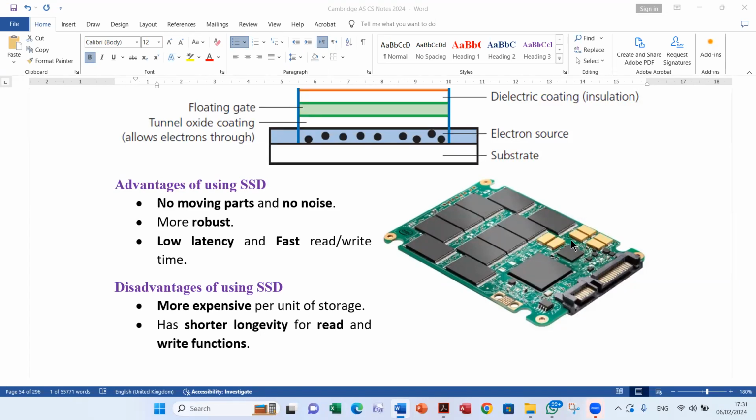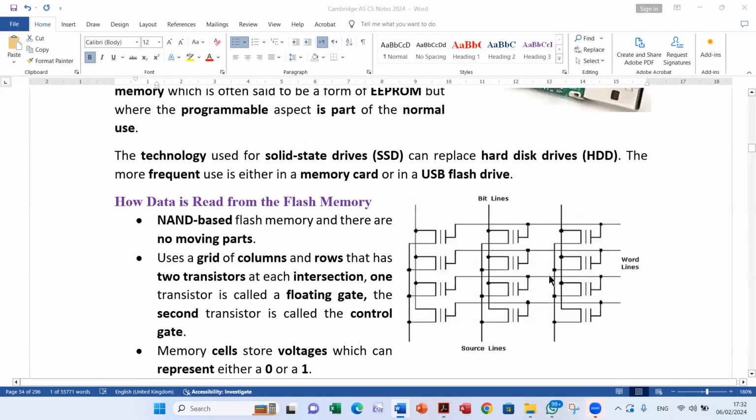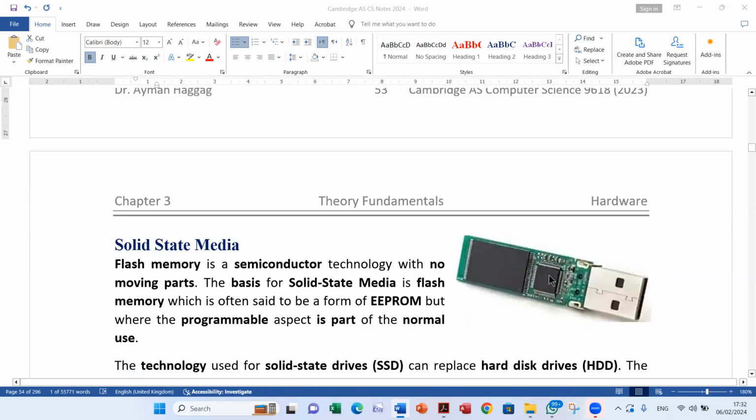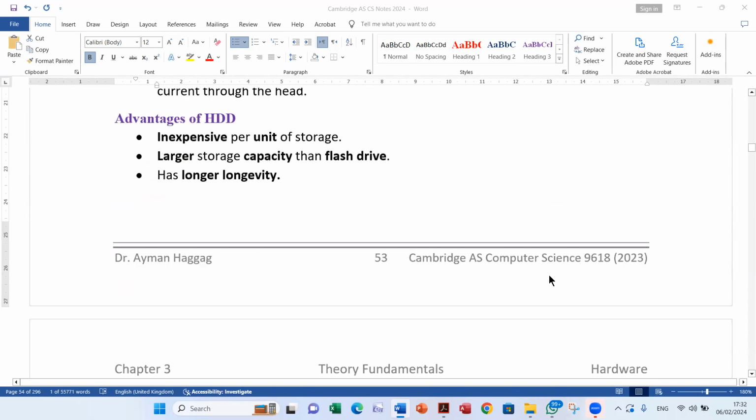That device, getting rid of all moving parts, becomes much smaller, much quieter, uses less energy, and is much faster to read and write. So the SSD has many benefits compared to the HDD. Very soon we will study the principles of operation of the SSD.